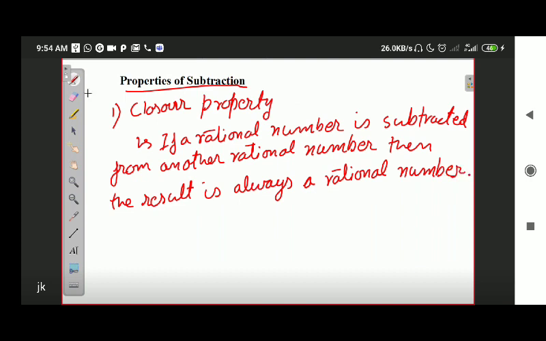Apart from closure property, no other properties are applicable for it. For example, we had the commutative property.